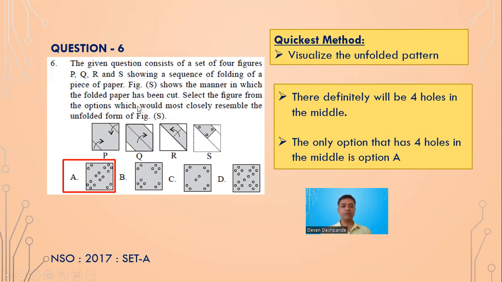Select the figure from the options which would most closely resemble the unfolded form of figure S. Once you punch the holes, you have to unfold and find the unfolded form. Note that there is a hole here, so when you unfold this there will be a hole here, and a hole here and here. So there will be 4 holes in the center. The only figure which has 4 holes in the center is option A. So the right option is option A.